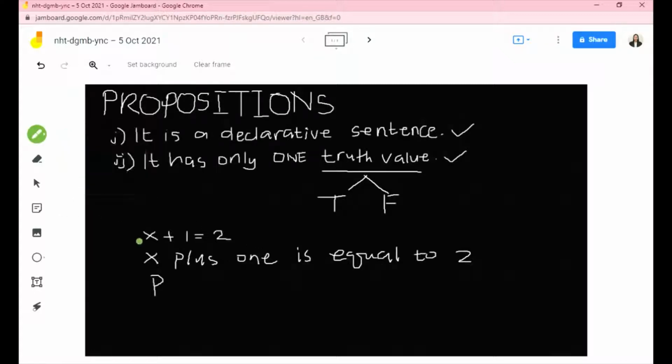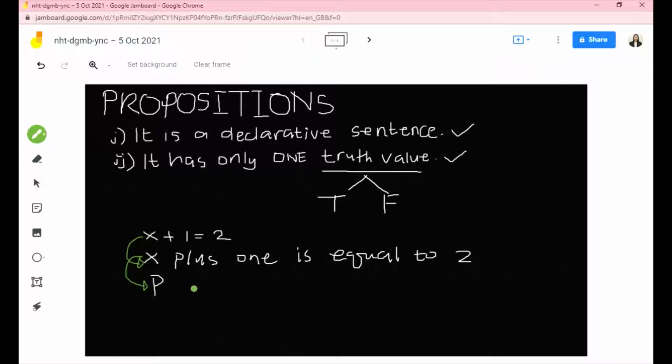Now again, a mathematical form can be represented by using an English form, and an English form of a sentence can also be represented by a propositional variable.